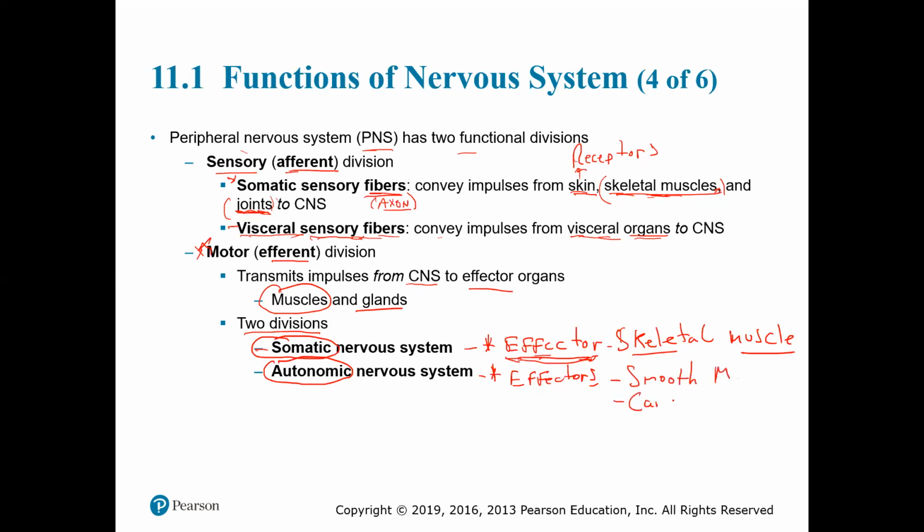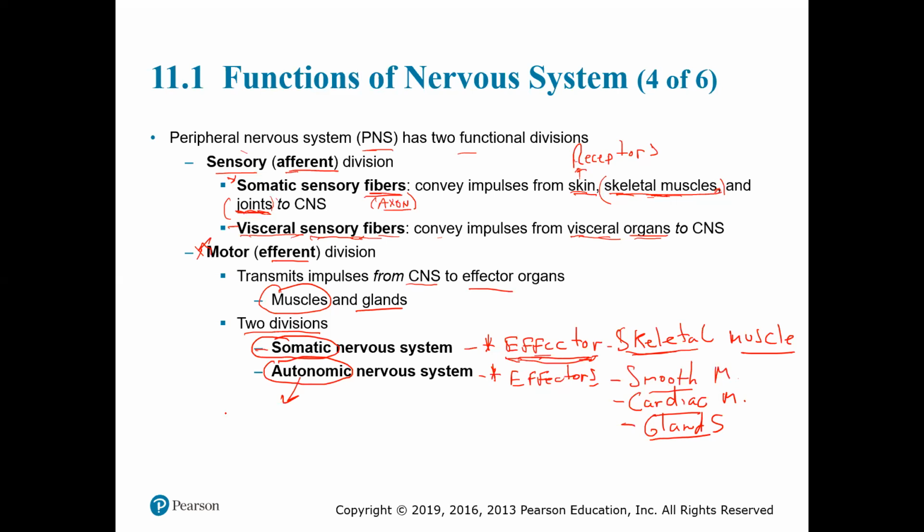Cardiac muscle is your heart. And glands. Remember this, really important, because it gets very difficult when we talk about the autonomic nervous system if you don't capture this now. So the autonomic nervous system has two divisions.